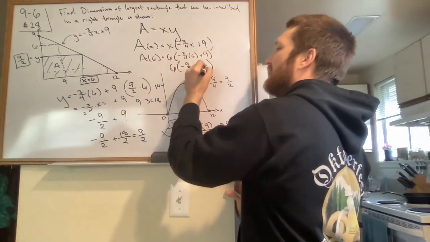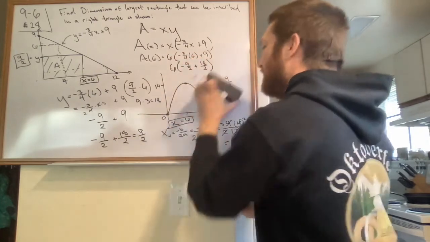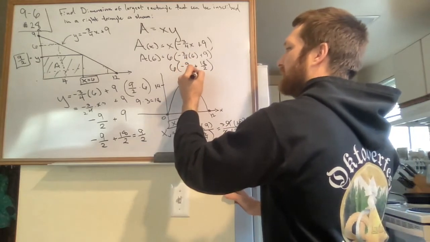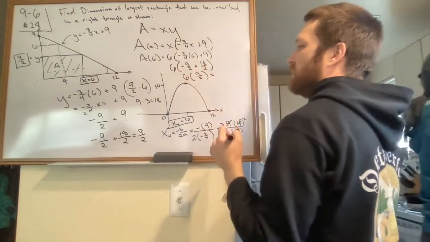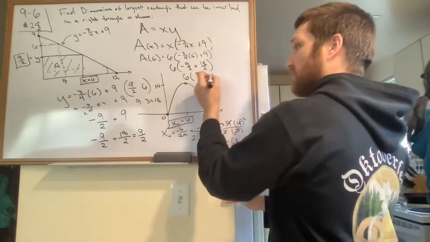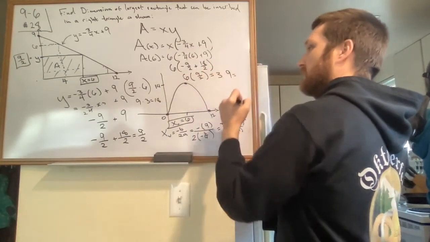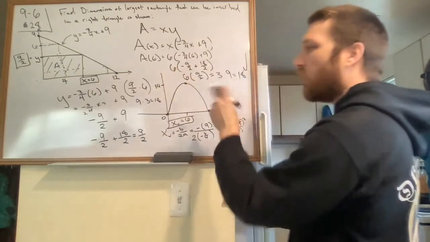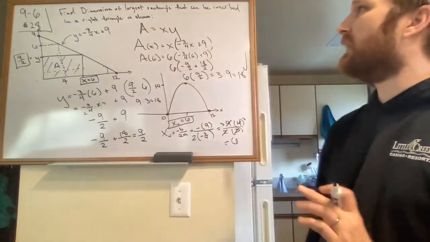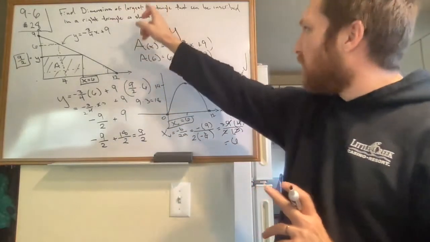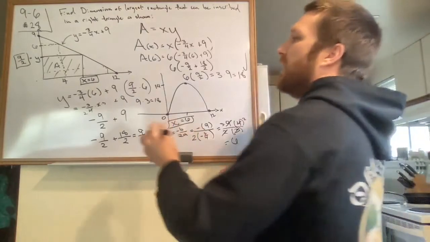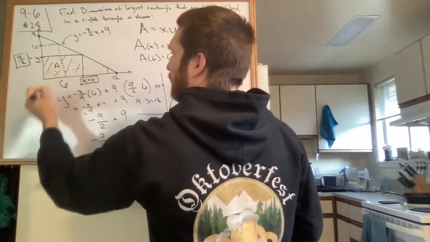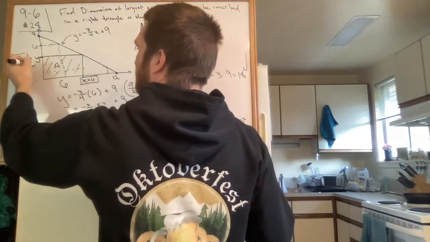I'm going to write 9 in terms of halves, so that's 18. Indeed, we are getting 6 times positive 9 halves, which is 2, gives me a 3 and a 9. 3 times 9 is 18. Okay, so that works too. 18 is the largest output we could get for area. And so the dimensions of the largest rectangle that can be inscribed are 6 down here and 9 halves right here.